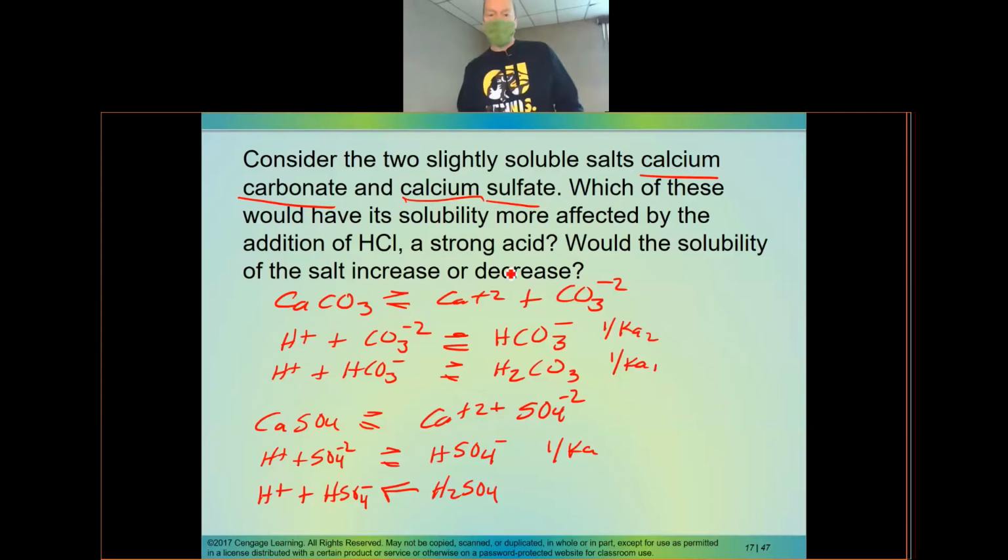If you recognize that sulfuric acid is the acid that's going to be formed with the sulfate, that's a strong acid. This is going to have a much smaller effect on your solubility. It will slightly increase in solubility.